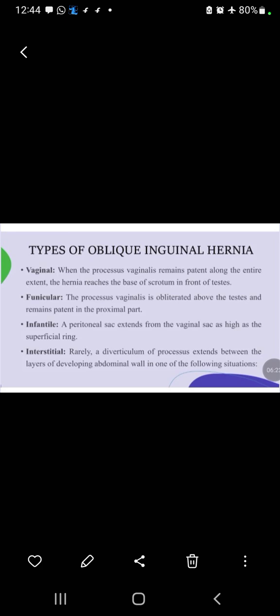Infantile: a peritoneal sac extends from the vaginal sac as high as the superficial ring. Interstitial: rarely, a diverticulum of the processus extends between the layers of the developing abdominal wall.